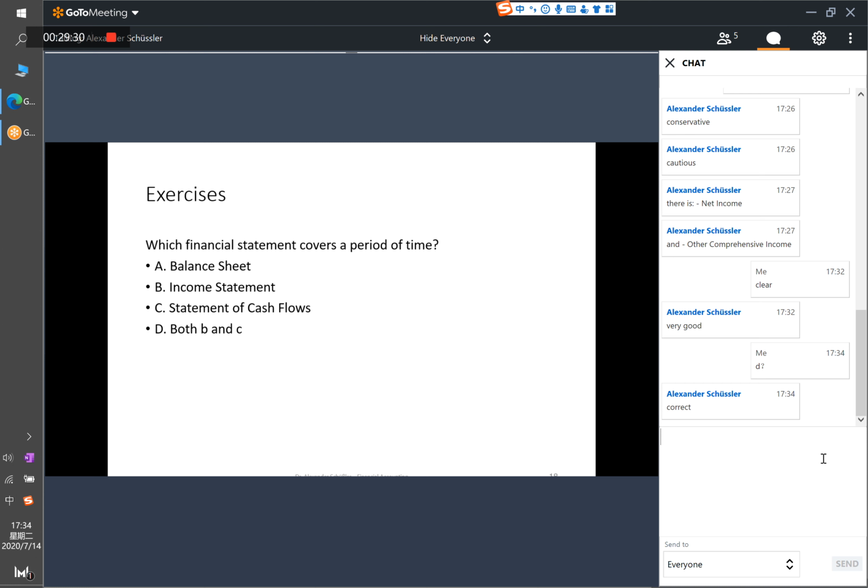The income statement is about a period of time, and the cash flow statement is also about a period of time. The income statement shows the performance of the company, the net income over a given year, and the cash flow statement shows the cash inflows and outflows over a period.